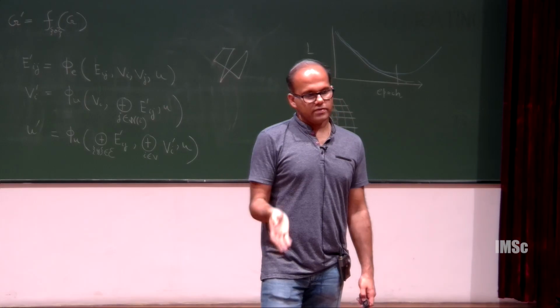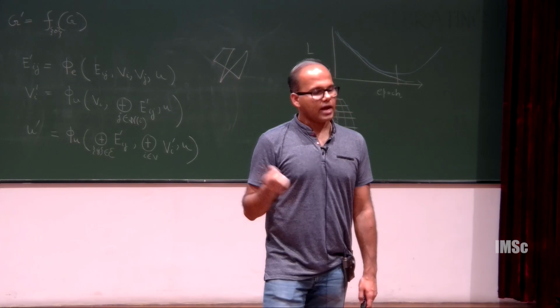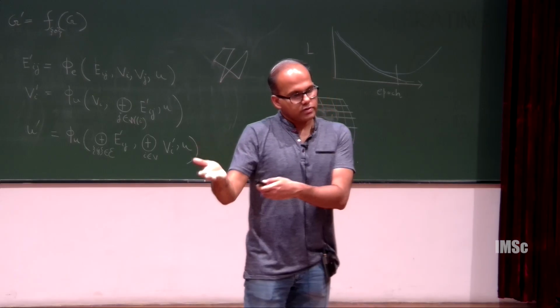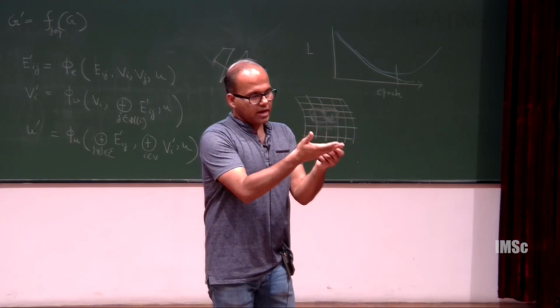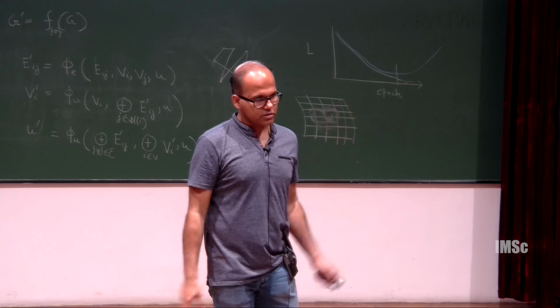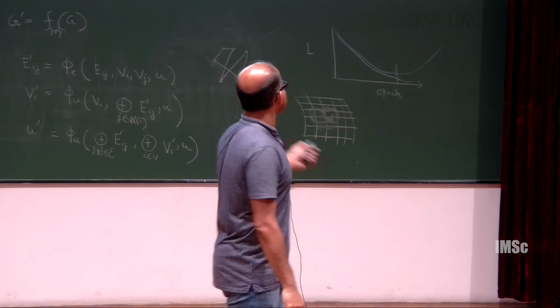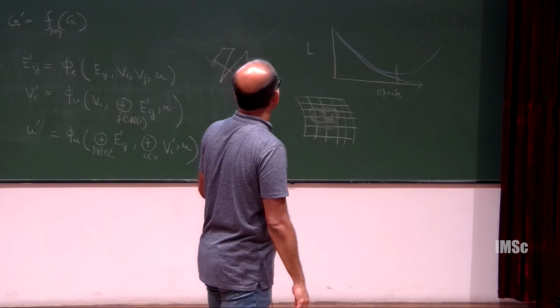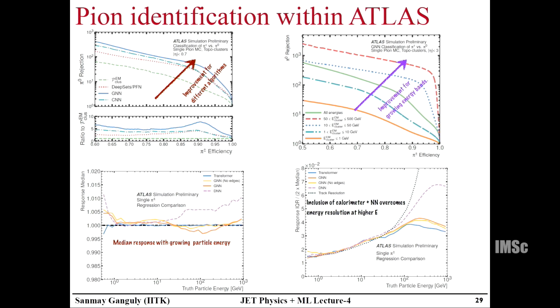Since at the simulation level I already know that information, I try to see what my neural network spits out versus what I already had as truth information. And the fact that this ratio is getting flattened out means it's reproducing the numbers which it should have been. So this is the test data on which we validate the performance of our neural network. Yeah, so that's the point.